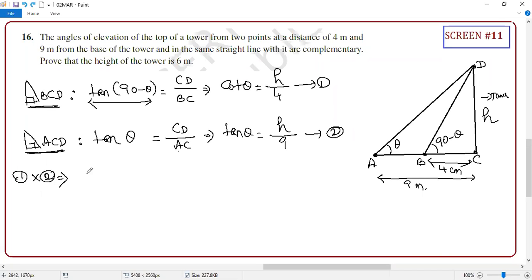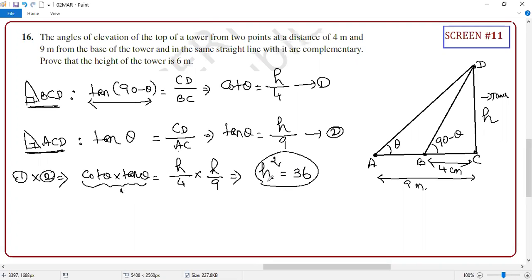Cot theta into tan theta equal to H by 4 into H by 9. Guys, notice that cot theta and tan theta is what? Answer is 1. So what is this side, student? H square by 36. So shall I write H square equal to 36? Directly, 36 will come this side, and this value already, when you are multiplying, it will become 1.